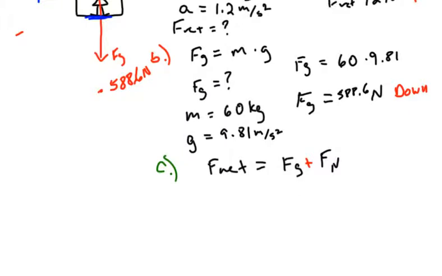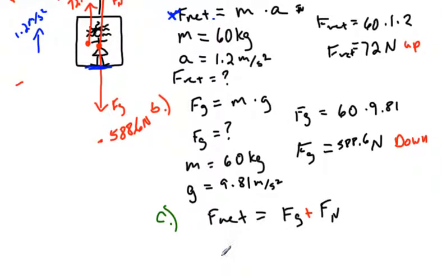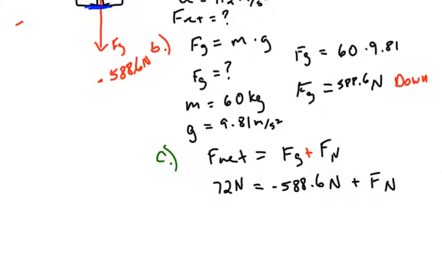So let's plug in the numbers that we have here. We know what the Fnet is. That is 72 newtons up, positive. The force of gravity is negative 588.6 newtons. Then we have the normal force, which is what we're solving for. It's all of our forces acting here.